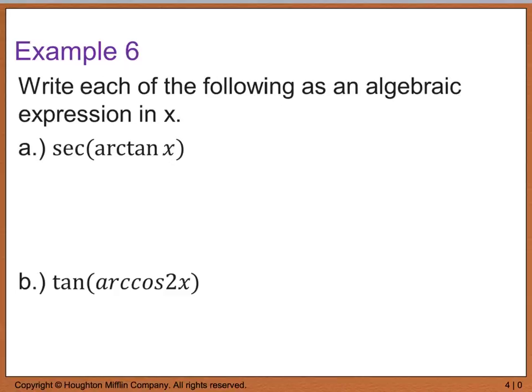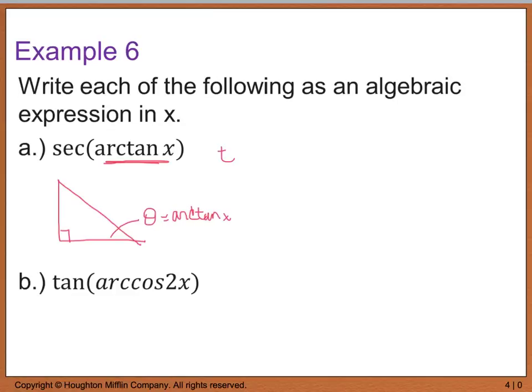So again, I'm going to start out with part A, which says secant of the inverse tangent of x. I'm going to start out by using this stuff inside of the composite function in a right triangle. I'm going to identify this angle here as angle theta, and theta is going to equal the inverse tangent of x.